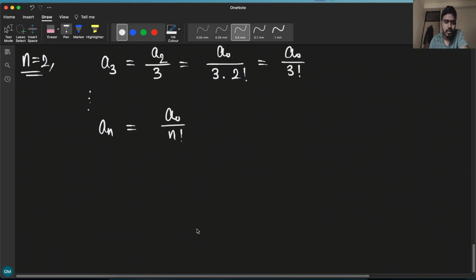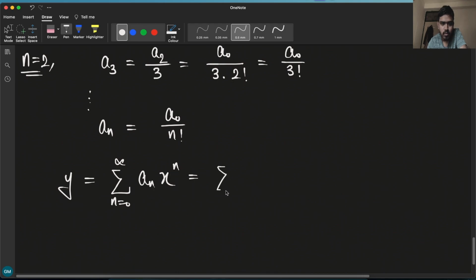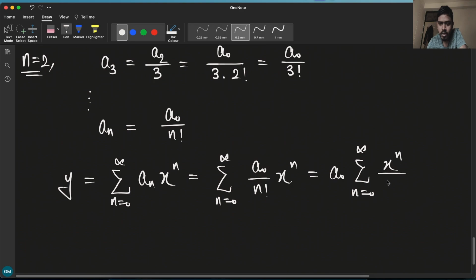So in that case, what we assumed, y will be the sum of a_n x to the power n, n equals 0 to infinity. And if I put the value of a_n, I can take a0 outside: the sum from n equals 0 to infinity of x to the power n divided by n factorial.